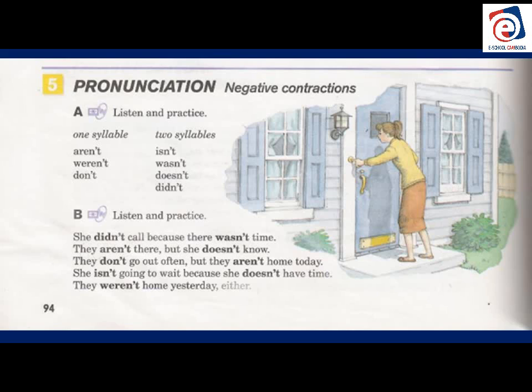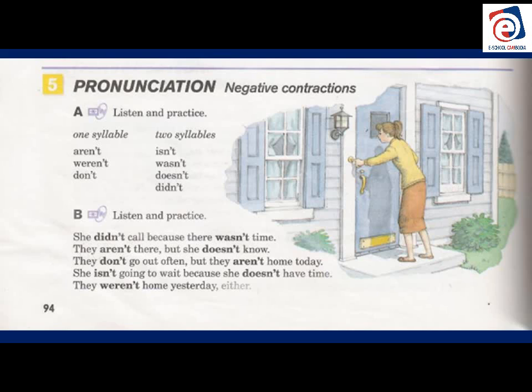Now let's try saying these sentences together. Listen to me first. She didn't call because there wasn't time. She didn't call because there wasn't time. My tongue, when I make the final T sound, my tongue touches the top of my mouth every time.